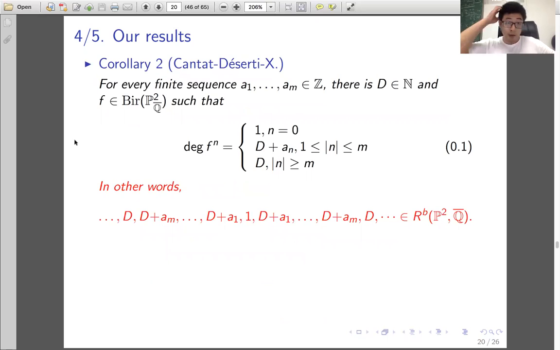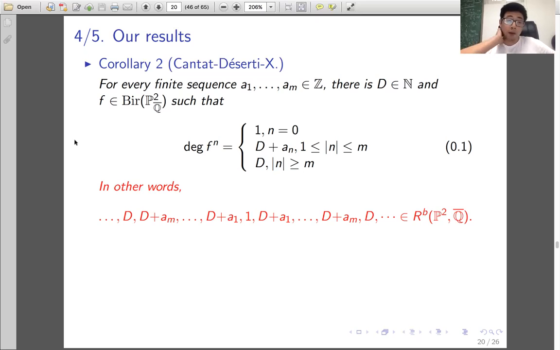Another corollary is as follows. For every finite sequence a_1 to a_m of integers in Z, there is a natural number d and a rational self-map F of P^2 defined over Q̄ such that deg(F^n) equals 1 when n equals 0, d + a_n when the absolute value of n is larger than or equal to 1 and less than or equal to m, and for the other n, when its absolute value is larger than m, it's just d.